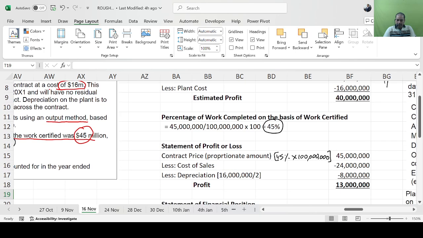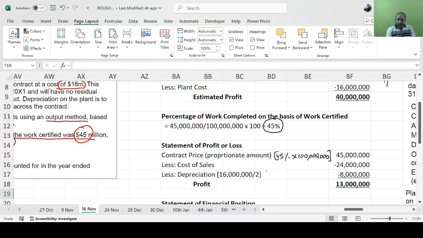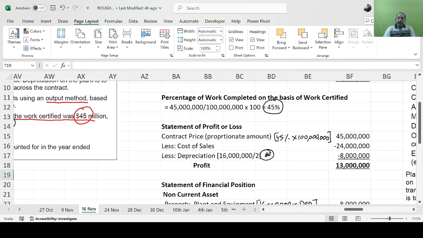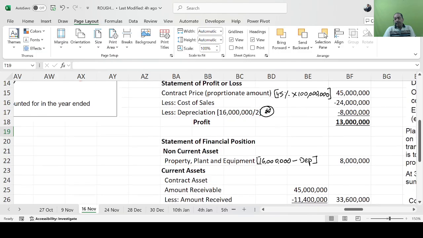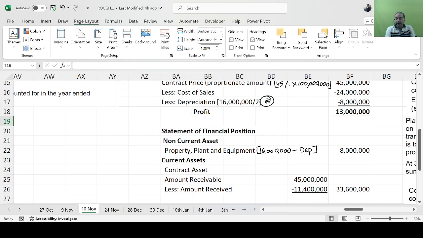Third step is statement of profit or loss. Only this additional item has come here because there is a new asset purchased. Then fourth step is statement of financial position. Because of this, an additional item has come here. That is it.